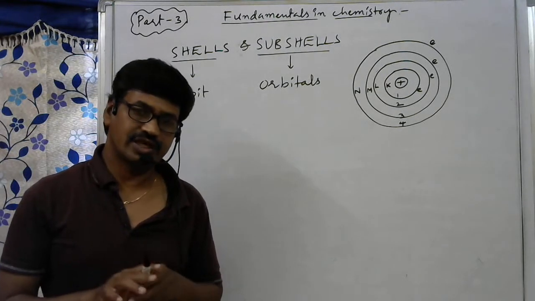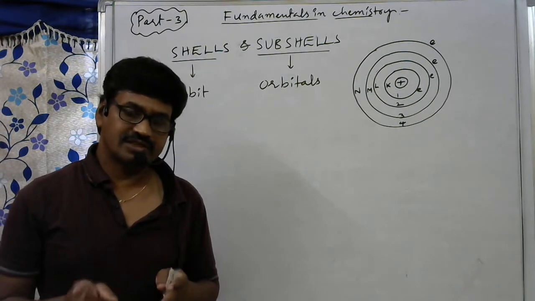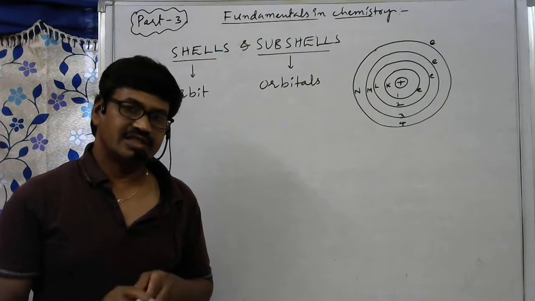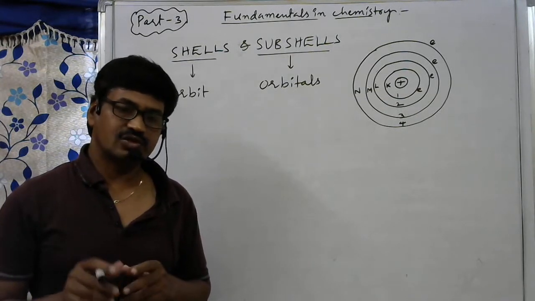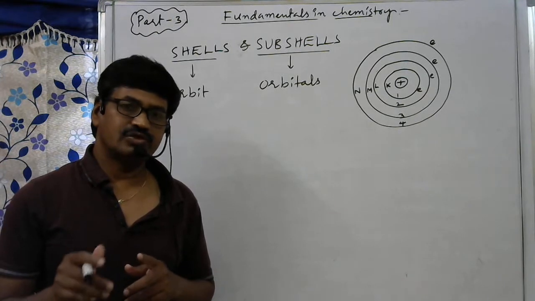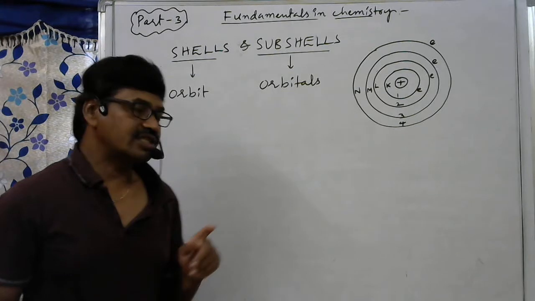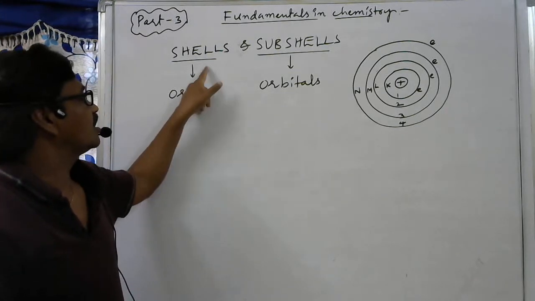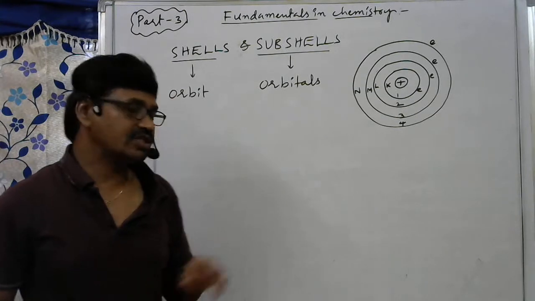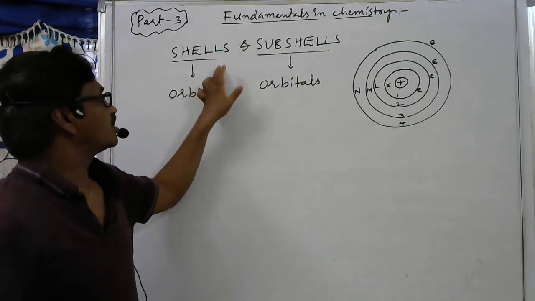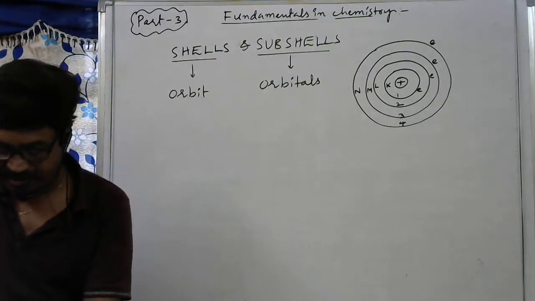First of all, you should assume the atom is in spherical shape. In that spherical shape, at the center there is a heavier mass, and that is the nucleus. The nucleus contains protons and neutrons. Around the nucleus, electrons revolve in certain shells, otherwise in certain orbits. So orbit is nothing but shell, and orbital is nothing but subshell.